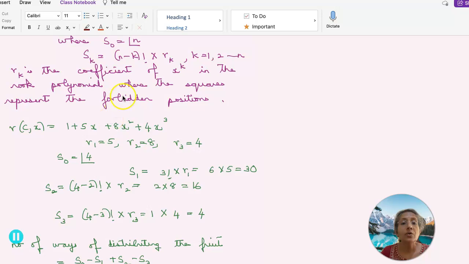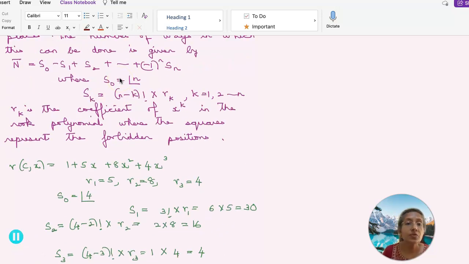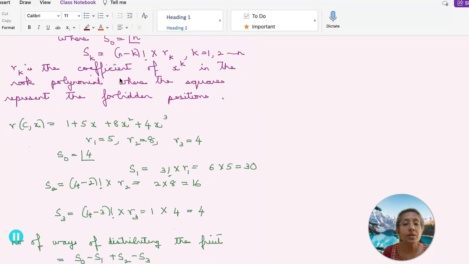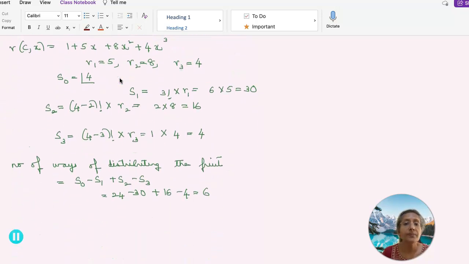What will be s2? 4 minus 2 factorial into r2, that is 2 into 8, which is 16. And s3 is 4 minus 3 factorial into r3, that is 1 into 4, which is 4. So substituting in this formula, the number of ways will be s0 minus s1 plus s2 minus s3. That will be 24 minus 30 plus 16 minus 4. So your answer is 6.